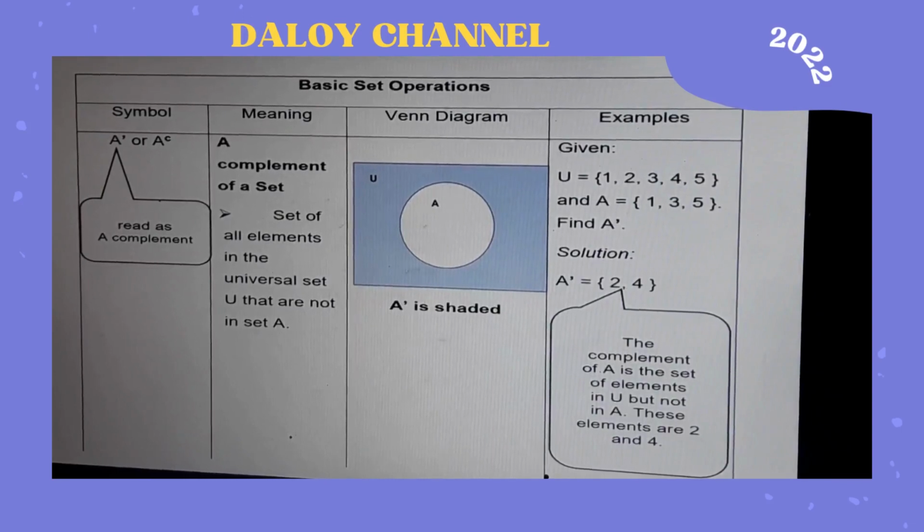Talking about the complements, these are the numbers which are outside set A. For example, if we consider the universal set as the numbers 1, 2, 3, 4, and 5, and A contains 1, 3, and 5, then finding the complement of A, these are the numbers not mentioned in A, numbers 2 and 4. So the complement of A is a set of elements in U but not in A.